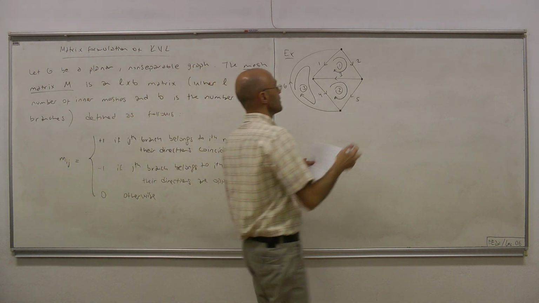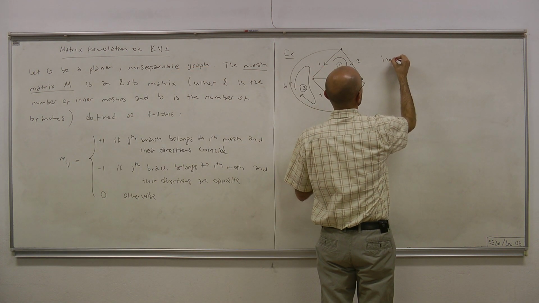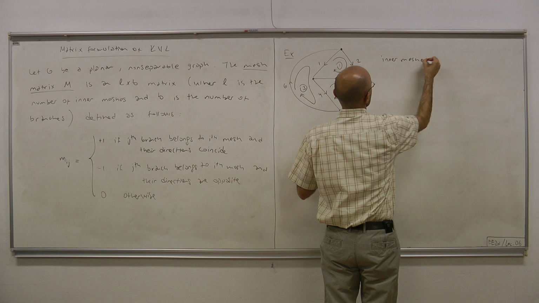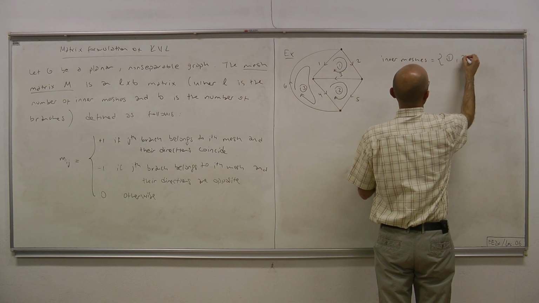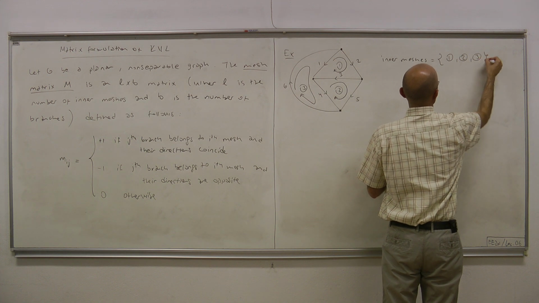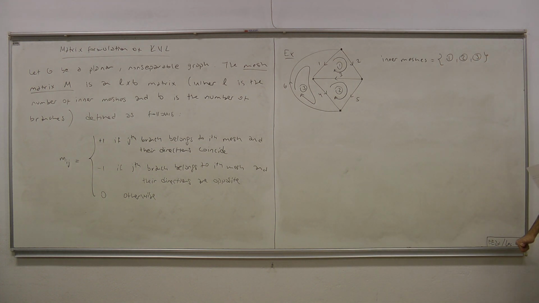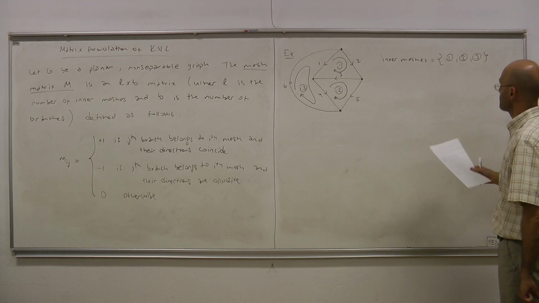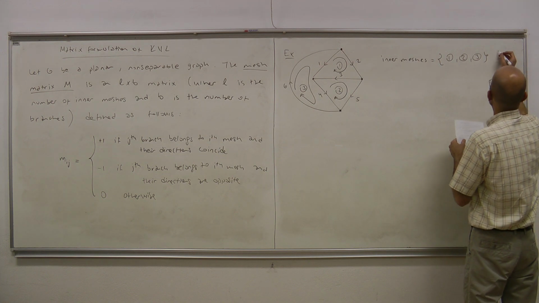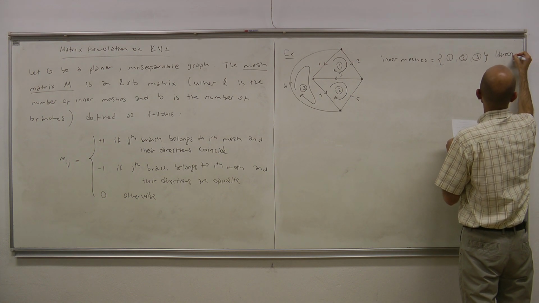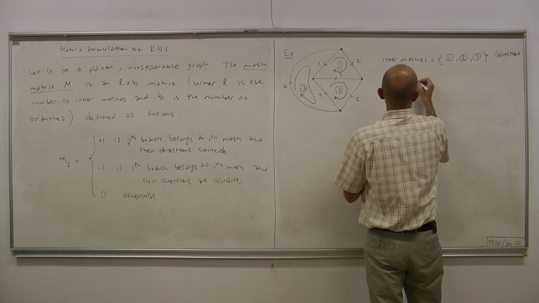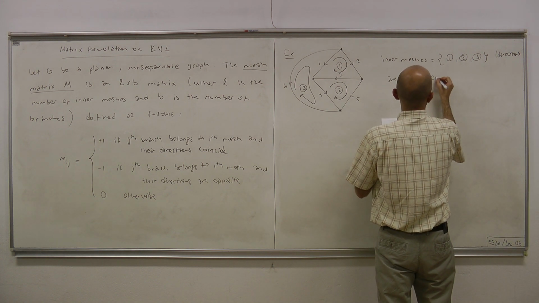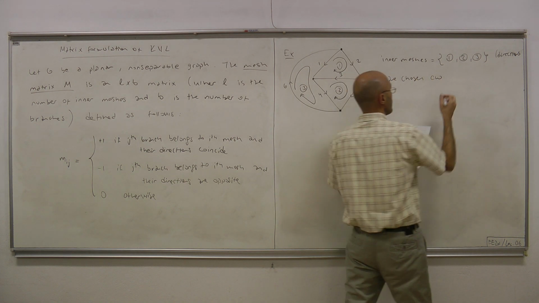So inner meshes, therefore, are 1, 2, 3, labeled or defined as in the figure. And as we said, directions are chosen clockwise by convention.